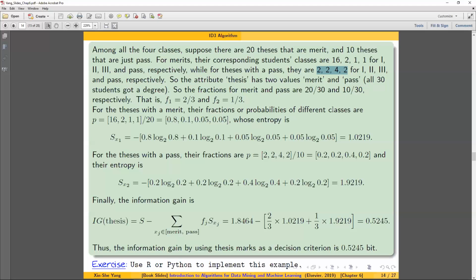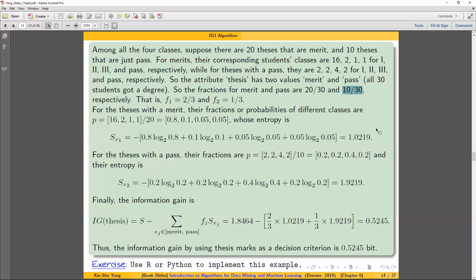For all the 30 students who got a degree, the fractions for merit and pass are 20 over 30 and 10 over 30 respectively. So that would be our Fi that we have in the previous slide. F1 is 2 over 3 and F2 is 1 over 3.